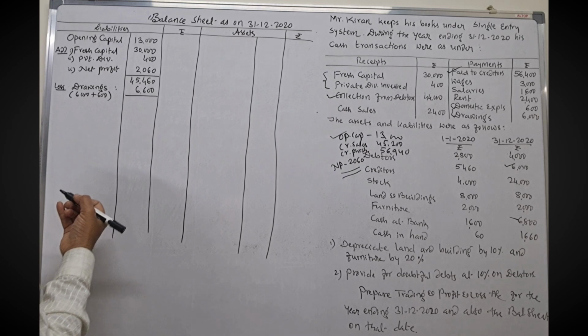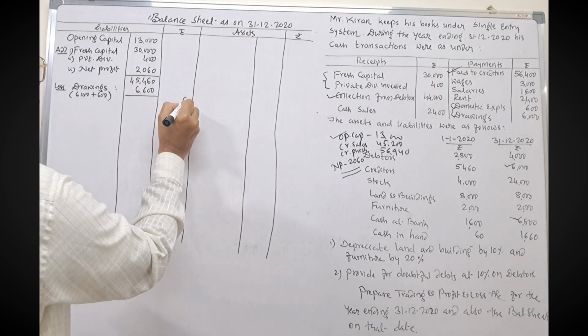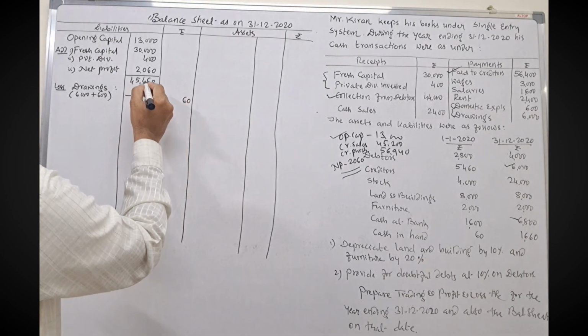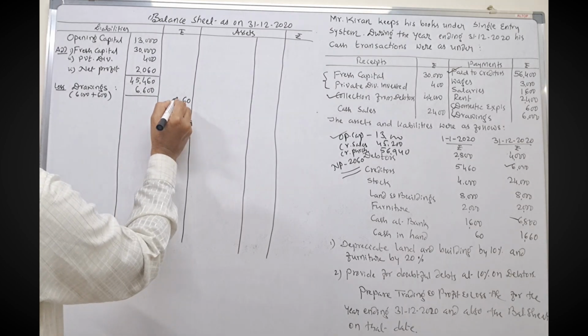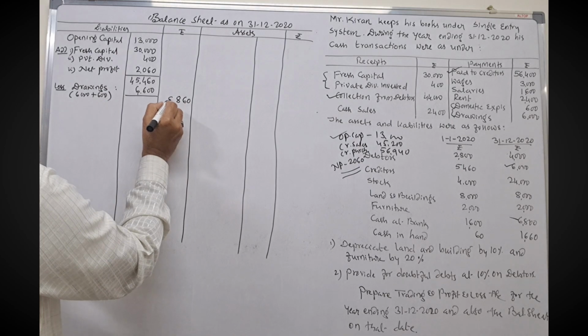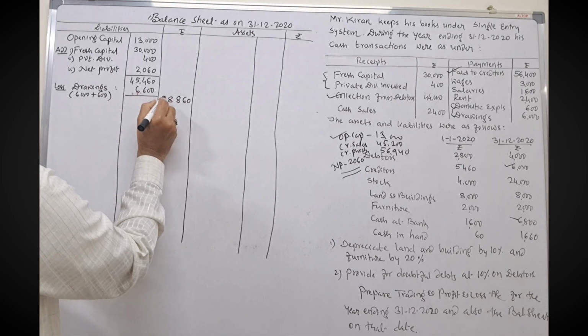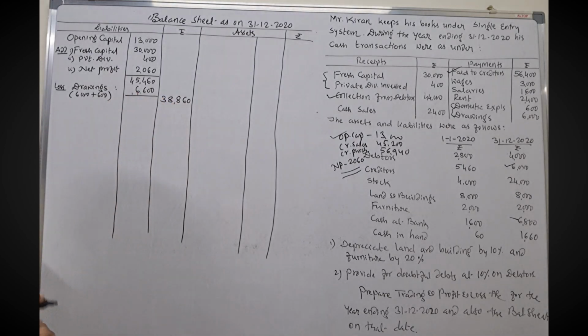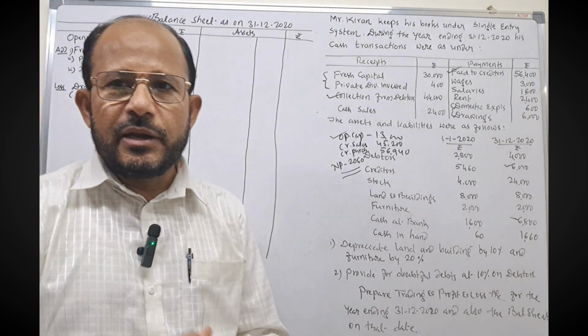We have to subtract. Okay, put the balancing figure: 14 minus 6, 8, 1 remains; 15 minus 7 means 8; 1. 38,860. This is the adjusted closing capital.